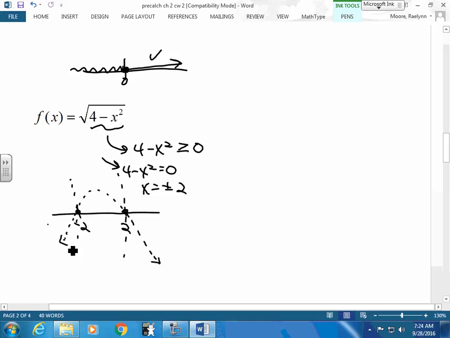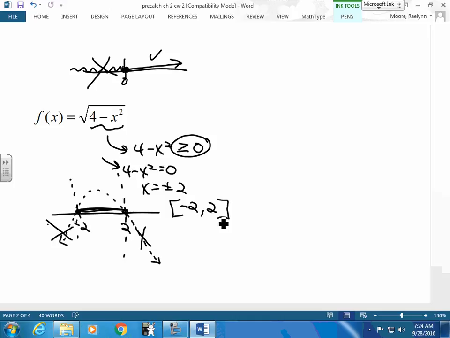Wherever this is positive, I want it. I don't want these negatives. Wherever it drops down in here, I don't want this. I just want these. And I can use negative 2. So my domain says negative 2 to positive 2.